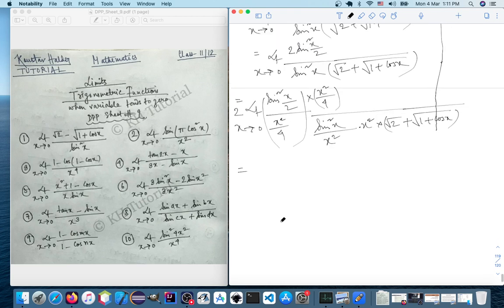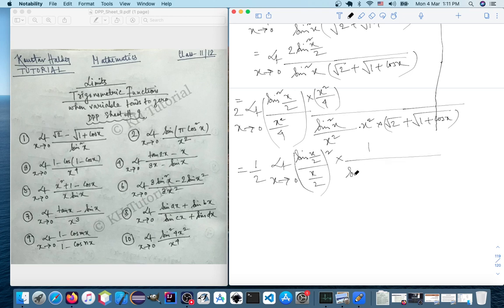So this x square and x square will get cancelled, and this 1 by 4 will come in the denominator, and over here we have 2 outside constant, so that becomes half, and we have sine x by 2 by x by 2 whole square.